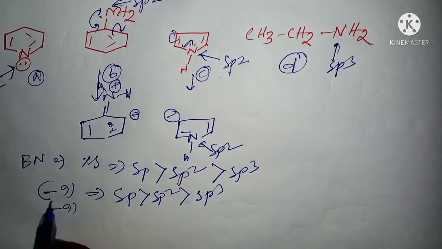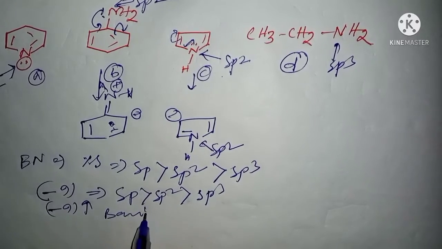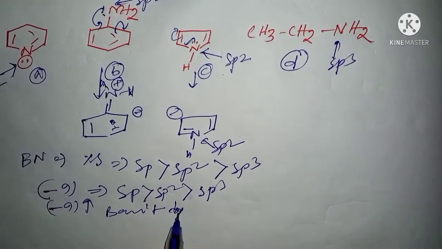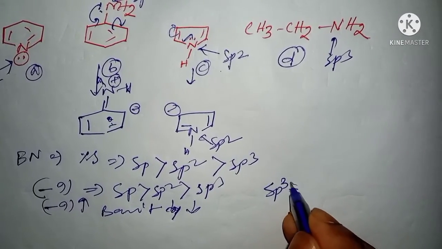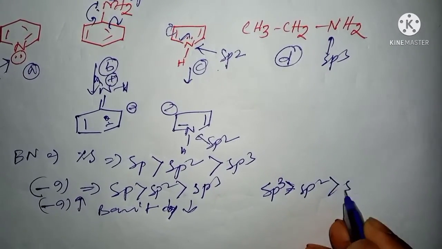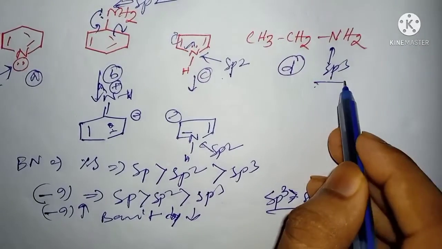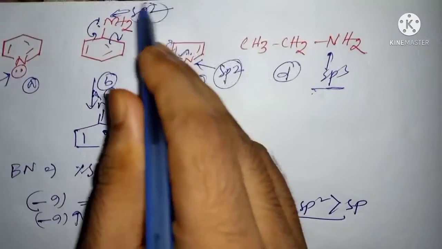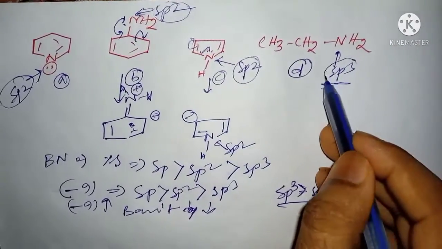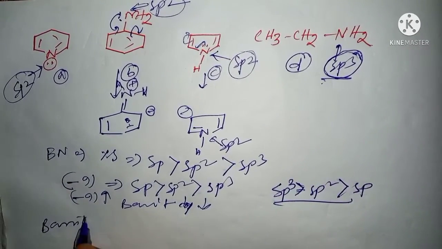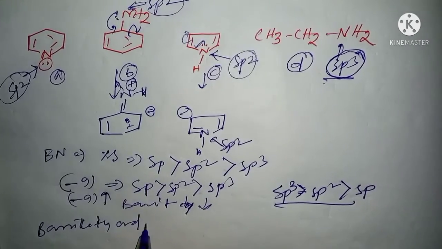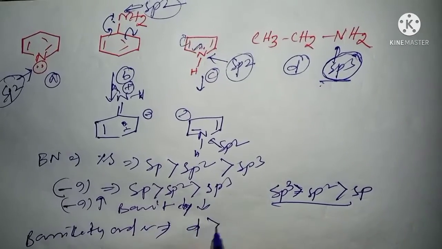As the minus I effect increases, basicity decreases. So sp3 is more basic than sp2, which is more basic than sp. Now there is one sp3 and the others are all sp2, so this is more basic: option D is more basic.